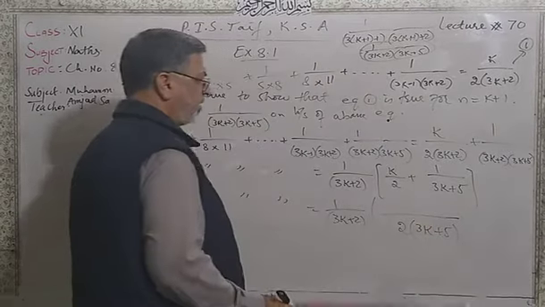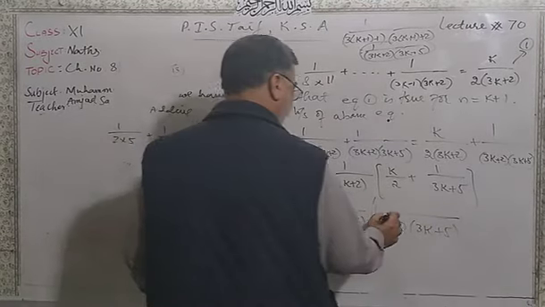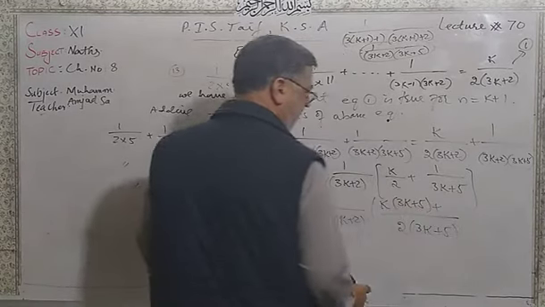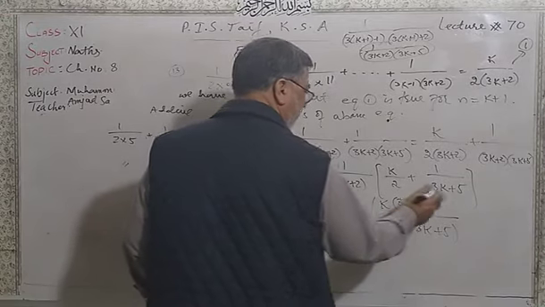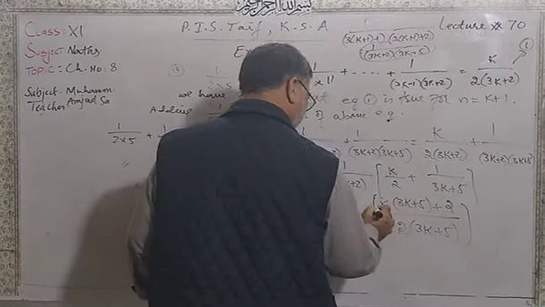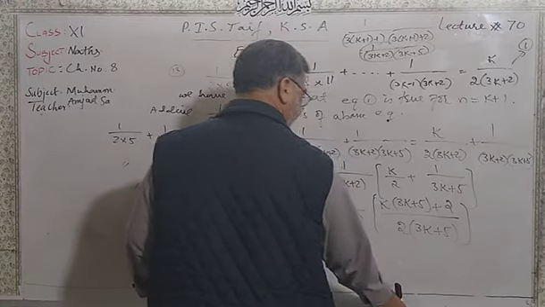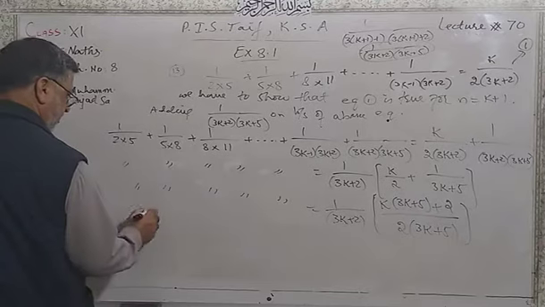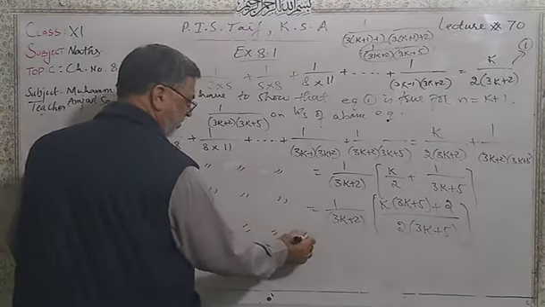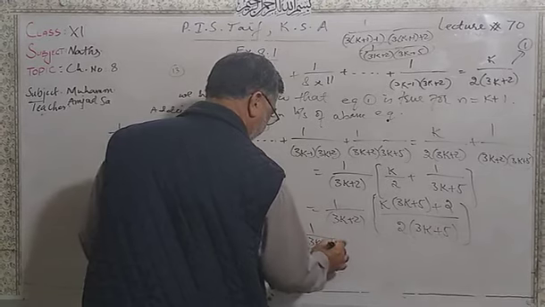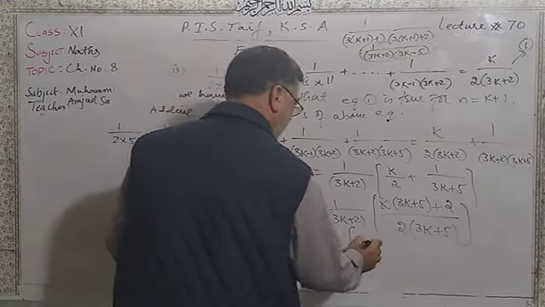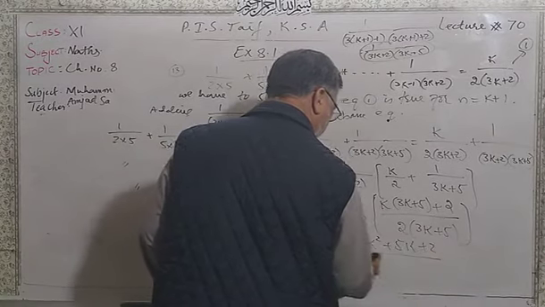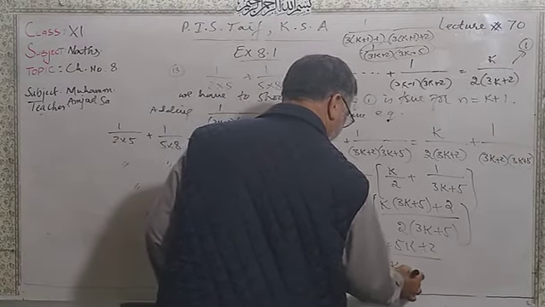The 2 cancels out, we are left with k into 3k plus 5 plus 2. After that we will have 1 over 3k plus 2 into 3k square plus 5k plus 2 over 2 into 3k plus 5.